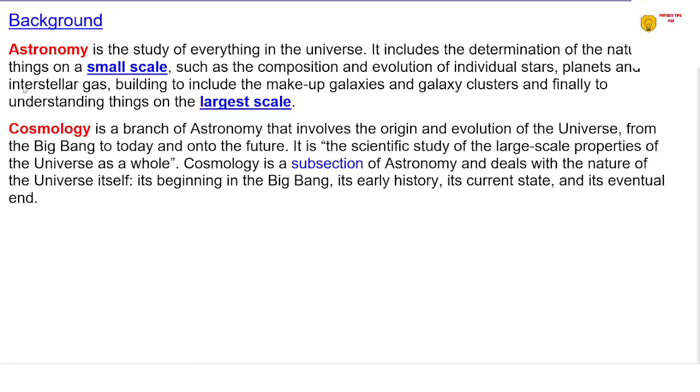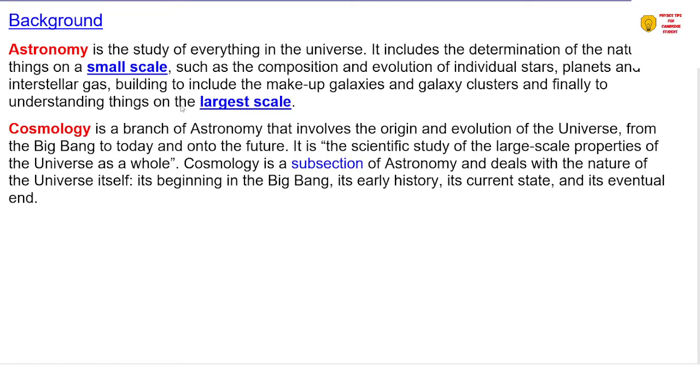So when you talk of interstellar, it just means in between the stars. Stellar would then refer just to the stars. So interstellar gas, building to include the makeup of galaxies and the galaxy clusters, and finally to understanding things on a larger scale.